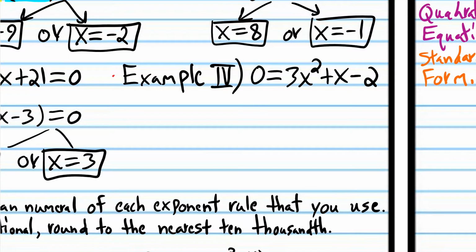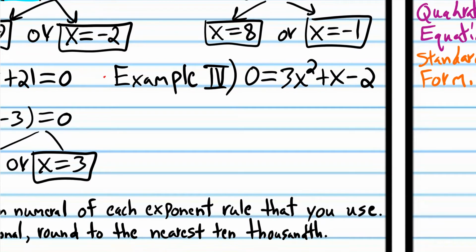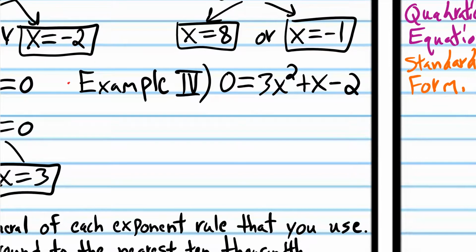Now, in this example, you see this coefficient here. Remember, that complicates things. That means that the two numbers are going to multiply to negative 2, but they're not necessarily going to add up to 1.